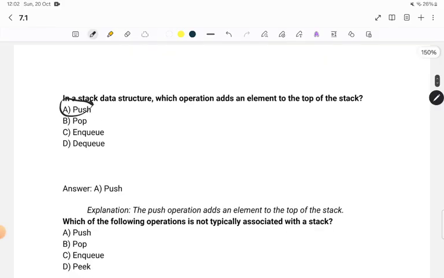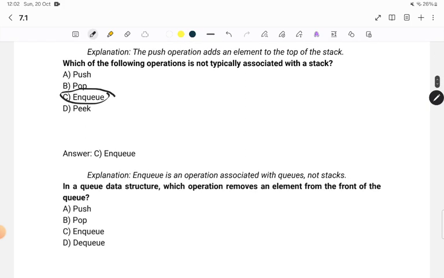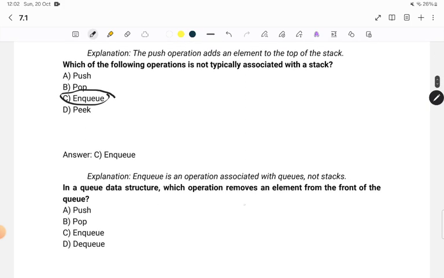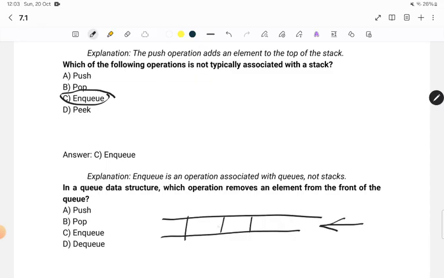Let's go to next question. Which of the following operation is not typically associated with a stack? So we already discussed this question. Enqueue is the correct answer. In queue data structure, which operation removes an element from the front of the queue? Okay, so if this is a queue, if you are going to insert the element, it is known as enqueue operation.